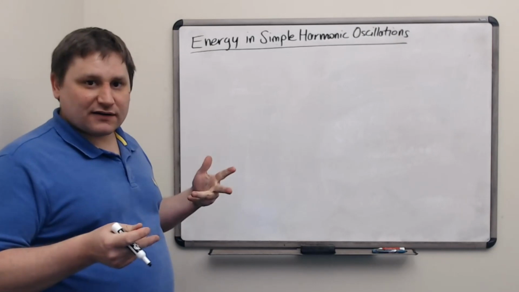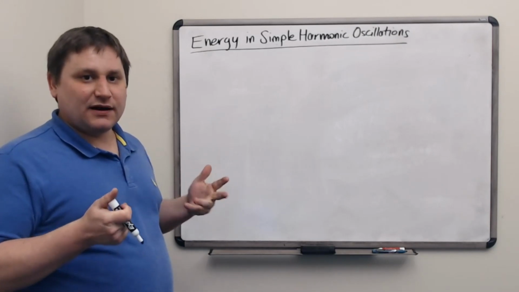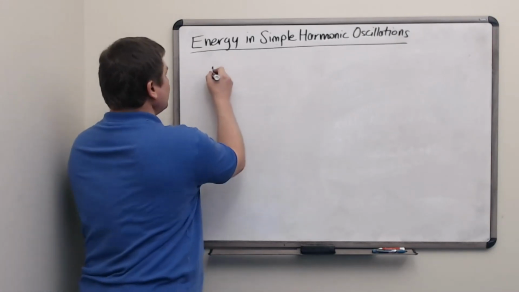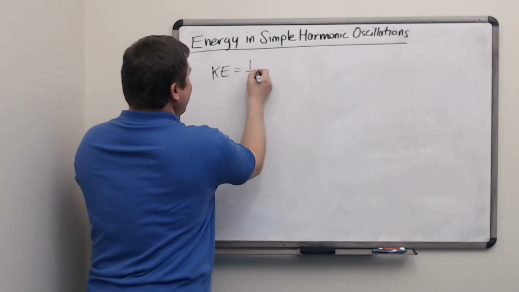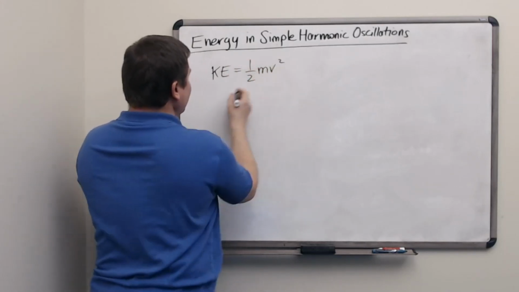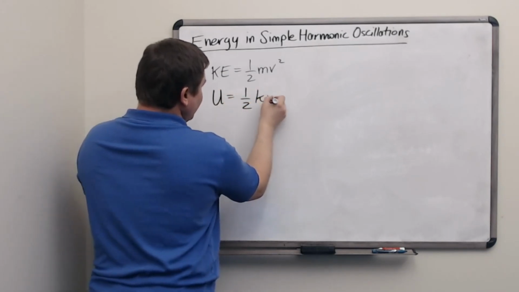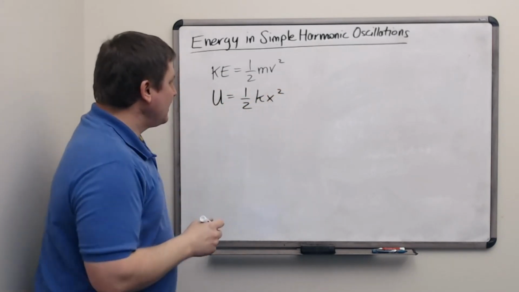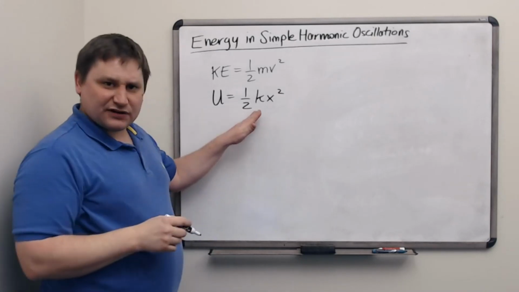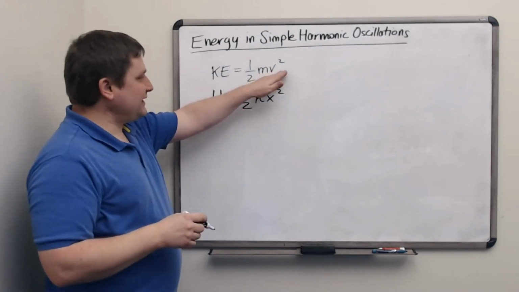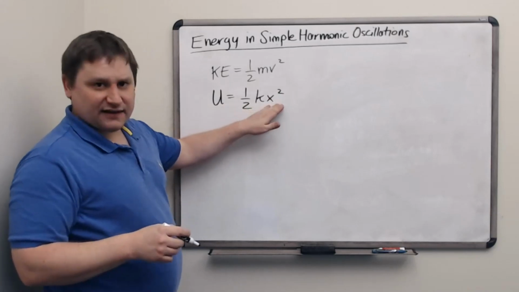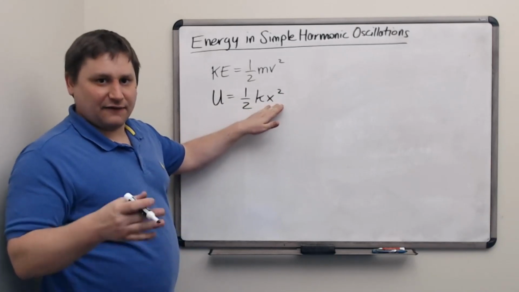Energy has two parts in the mass on spring system: a kinetic portion, 1/2 mv squared, and a potential energy portion, 1/2 kx squared. And in these expressions, remember the velocity, v, and the position, x, are changing over time. They're functions of time.